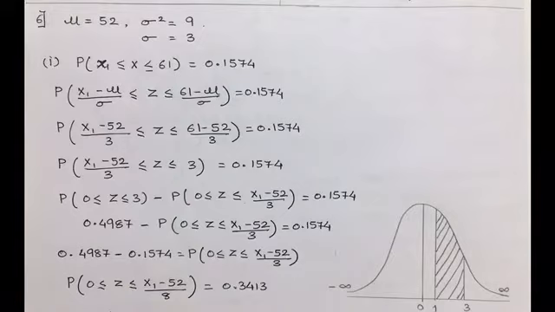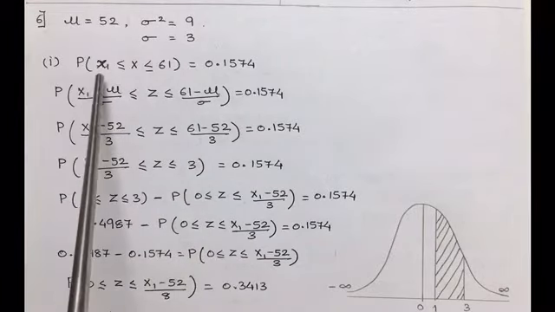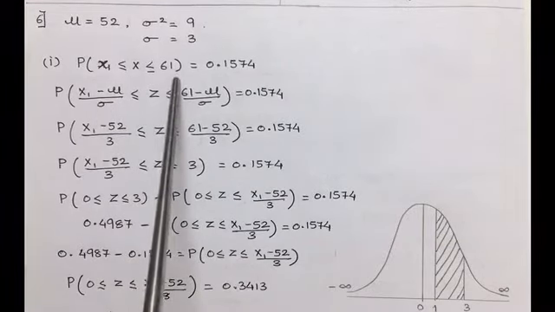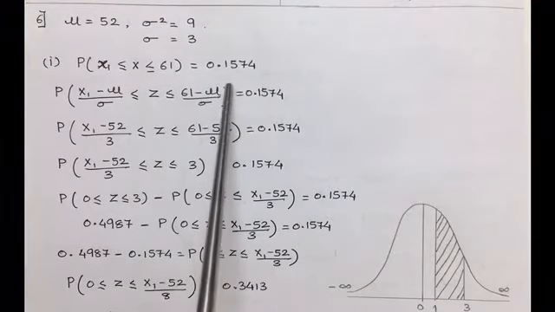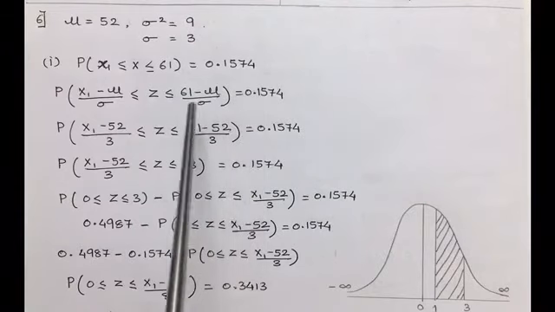The probability that the sale of electronic items during a week out of 52 weeks is from X1 units to 61 units. The first one given is X1 units to 61 units. The sale is given as 0.1574.